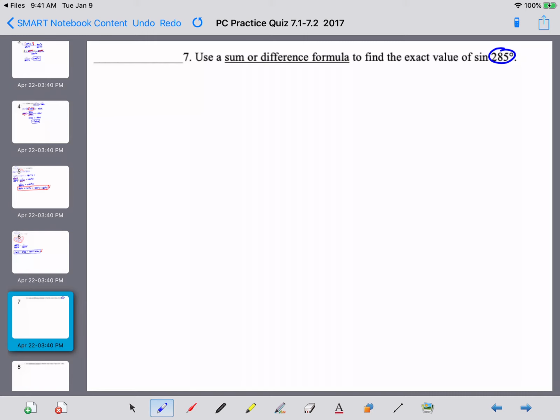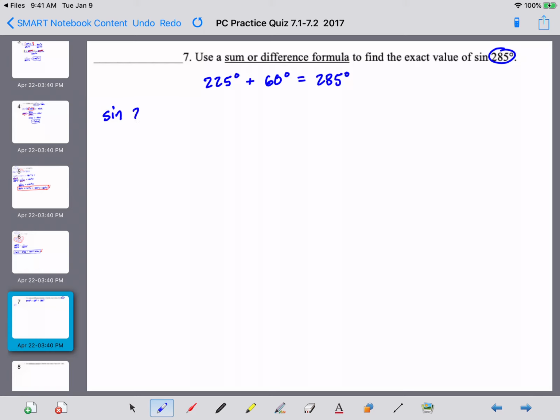So looking at my unit circle, I noticed that I can use 225 degrees and 60 degrees. So those 2 degree measures are on the unit circle, and then that's how I can come up with my 285 degrees. So if that's what I'm going to do, I'm going to use an addition formula for sine.